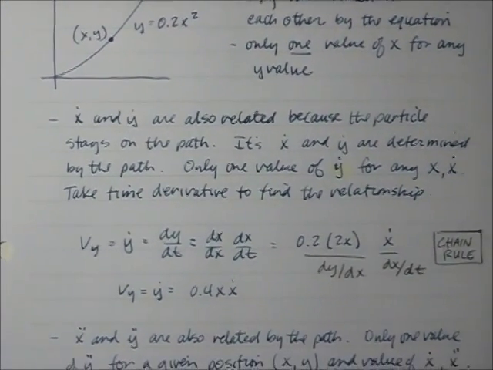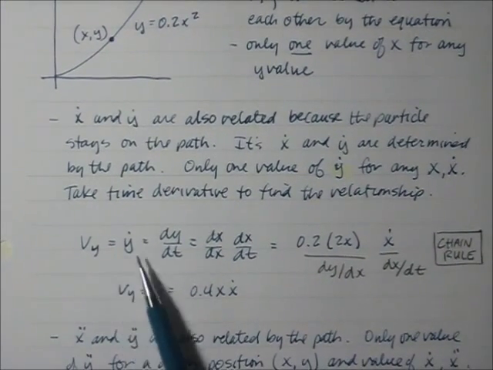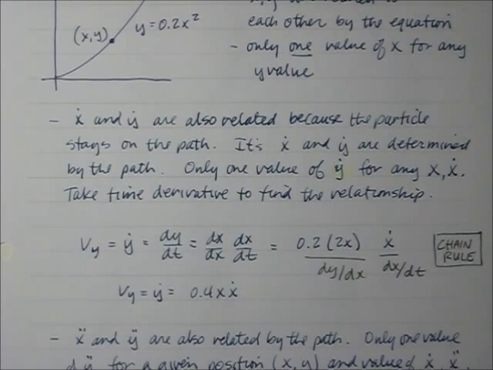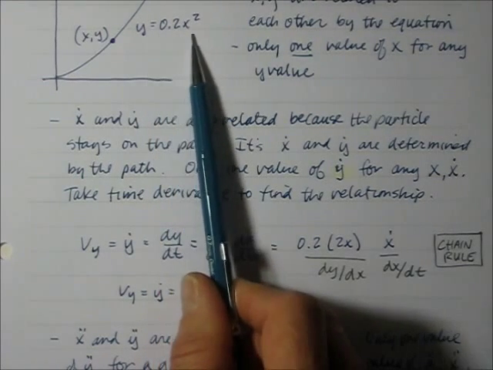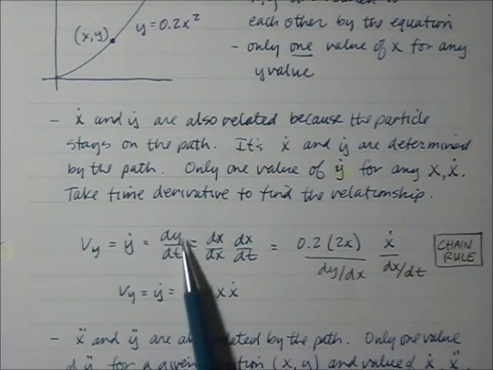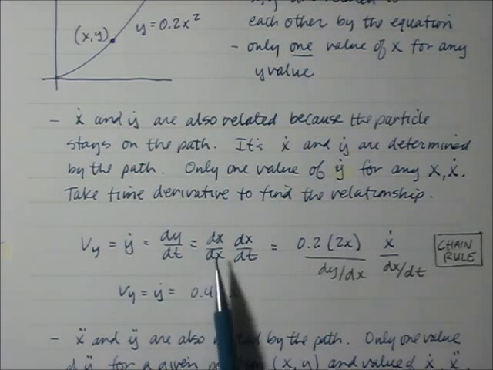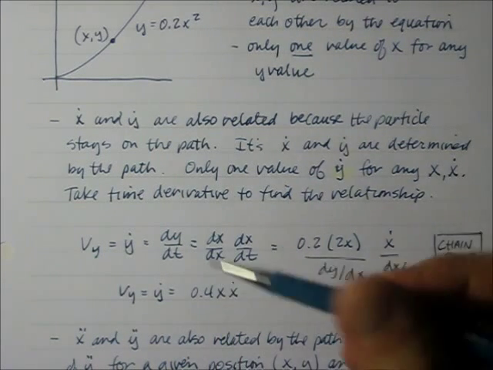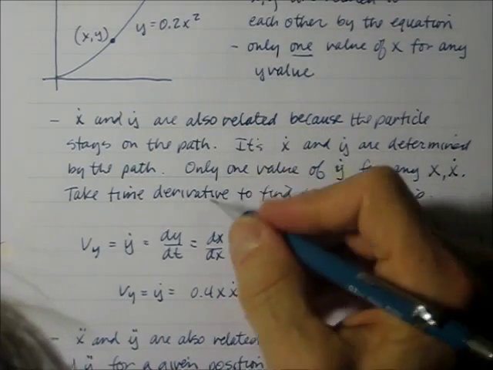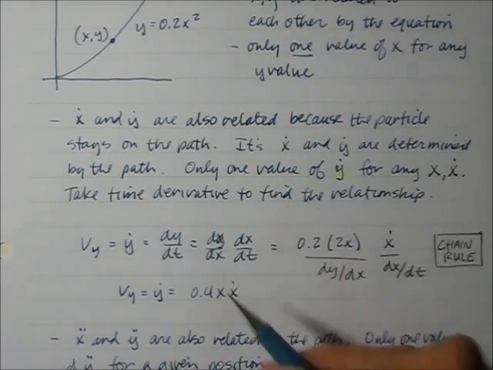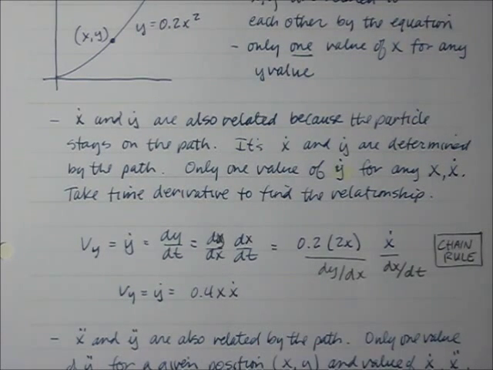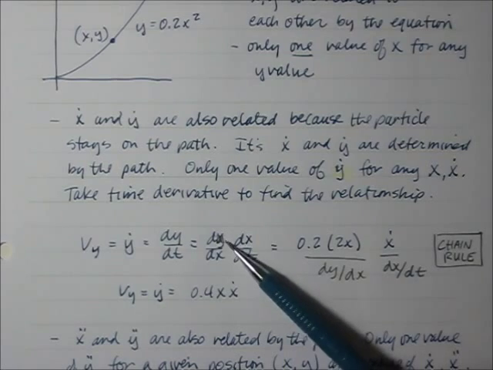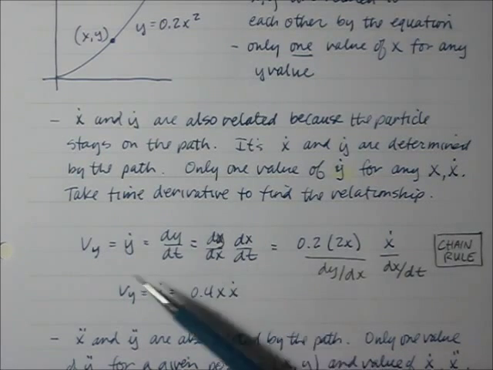So let's suggest that we have a function y equal to 0.2x squared, and we want to find y dot. We can take the time derivative of that equation. So y dot is equal to dy dt, which is equal to dy dx times dx dt. Oops, I wrote that wrong before; that's a misprint. Let's take the x derivative of our function, dy dx.